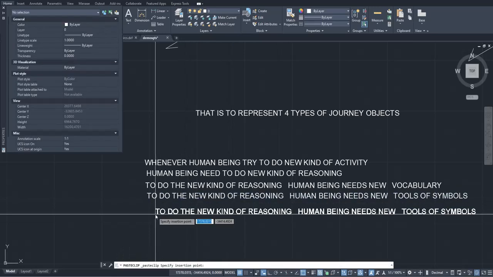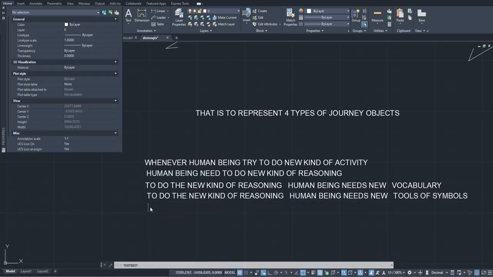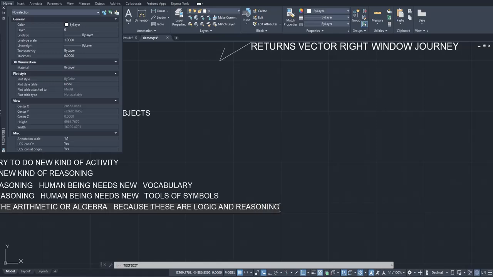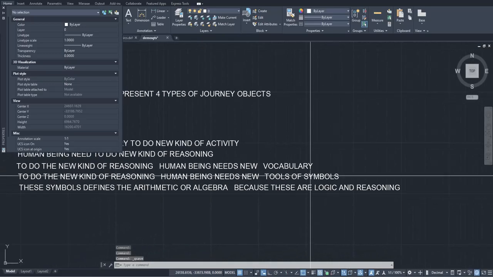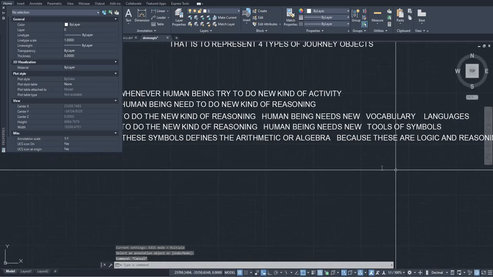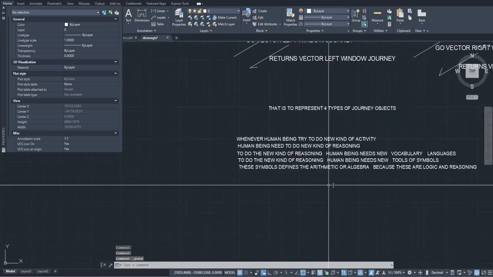These symbols can have different orders. These symbols define the arithmetic or algebra, because as per Gottlob and Russell, these are logic and new languages and new vocabularies with new symbols, and these new languages help us to do new kinds of reasoning.